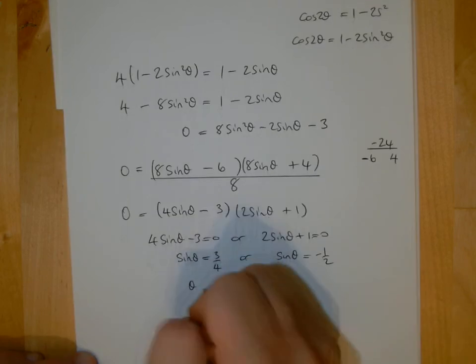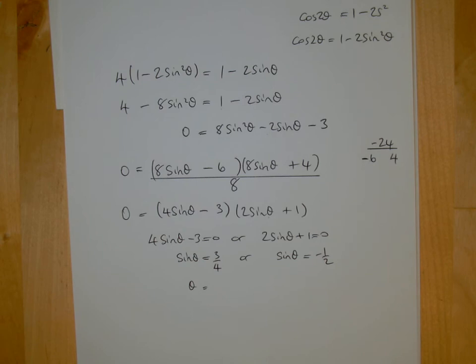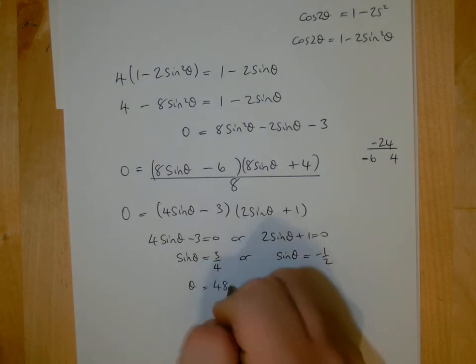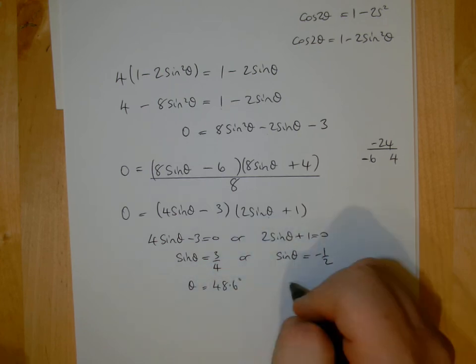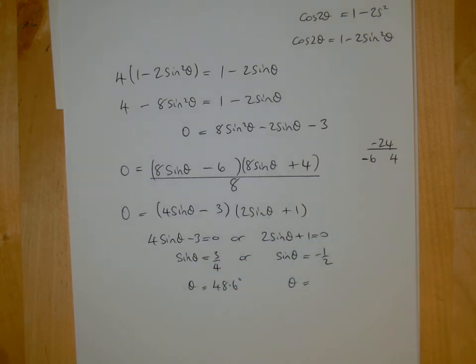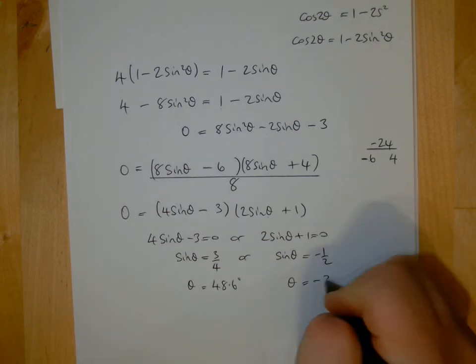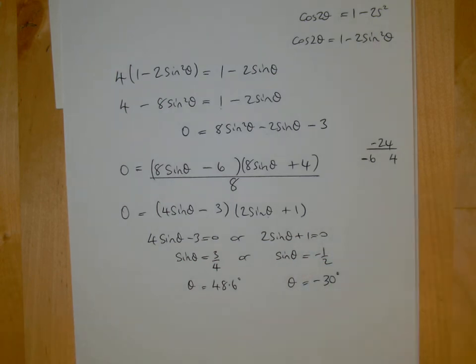So then theta, I'll get on my calculator. If I do the inverse sine of that, 48.6 degrees, and then do the same here, I get minus 30 degrees.